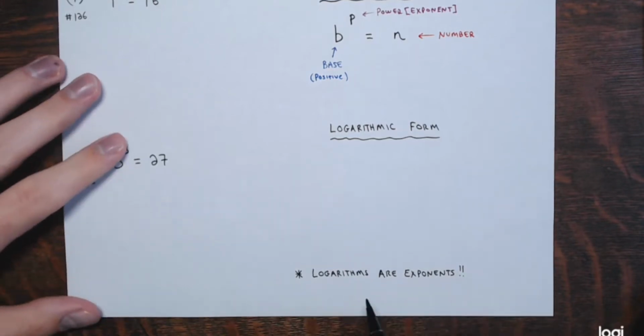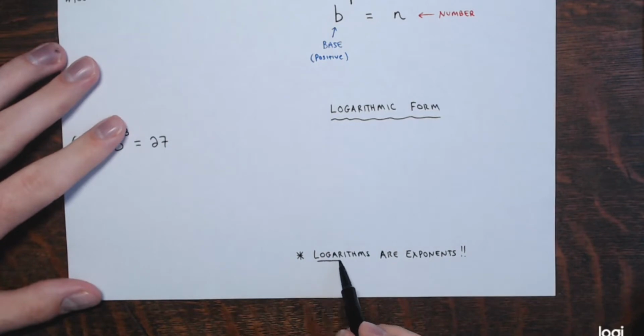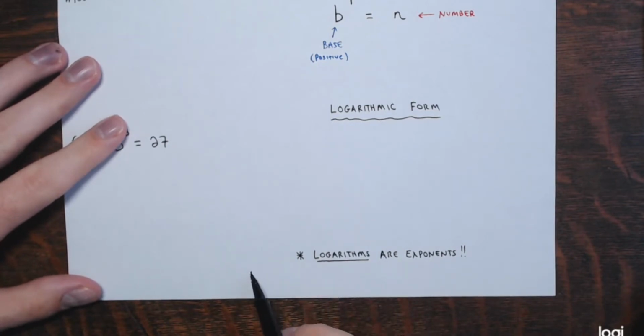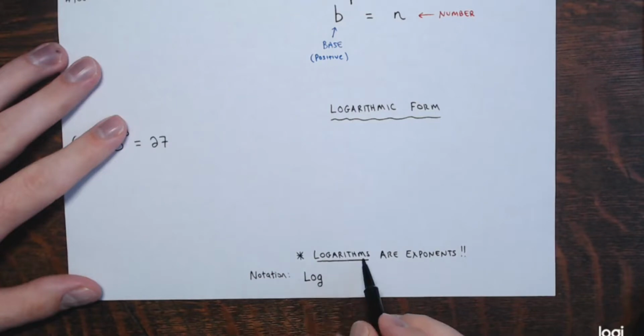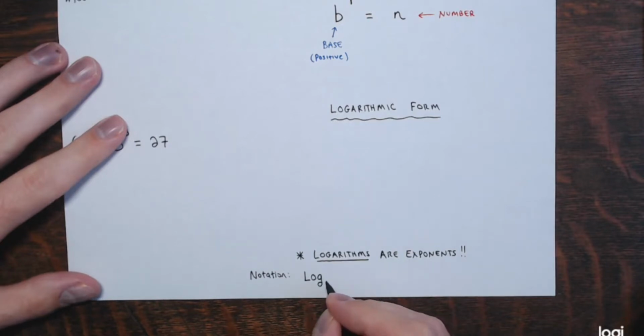Okay, and then the notation for a logarithm is the following. You'll see this log, short for logarithm. Very often I'll just say log. And then there's going to be a tiny number, a subscript, which I'm going to call lowercase b.